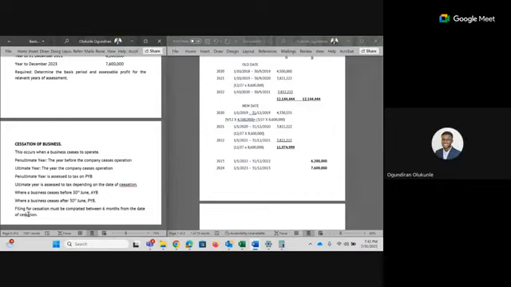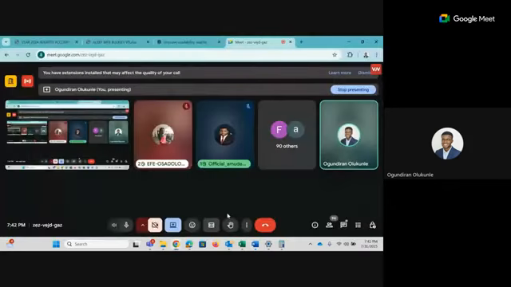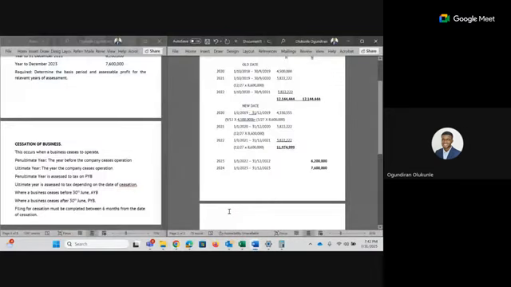If the company ceases after 30th June, the company will be assessed to tax on preceding year basis. Does it make sense now? Do you understand what I've said so far? Okay, good. So having said that, let's go to the illustration.